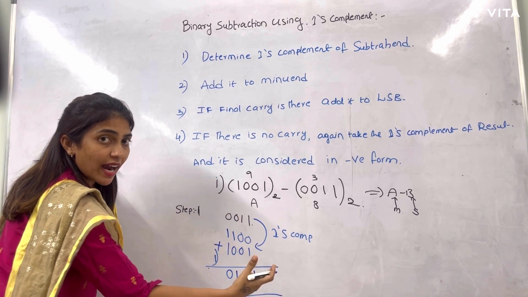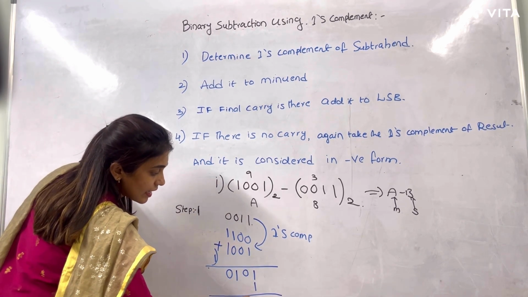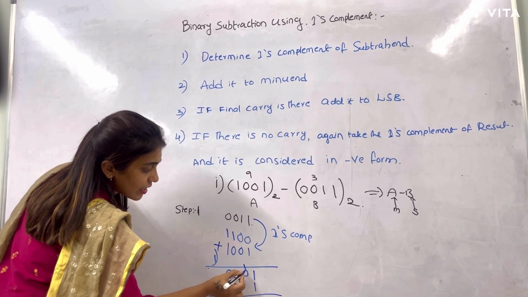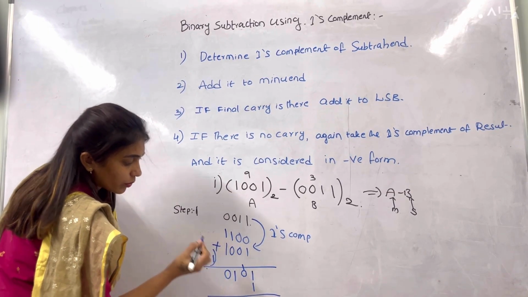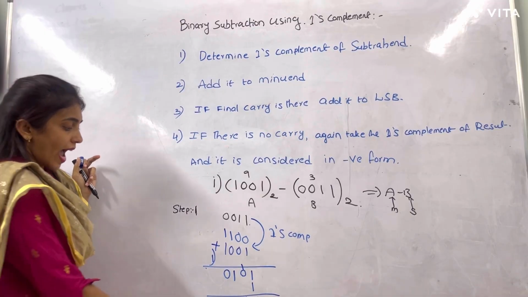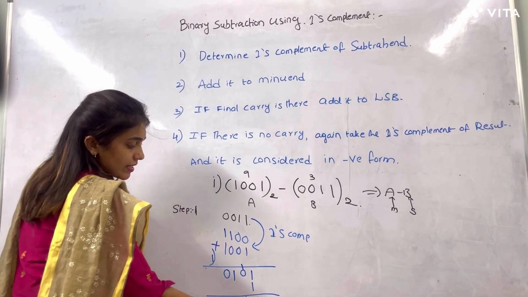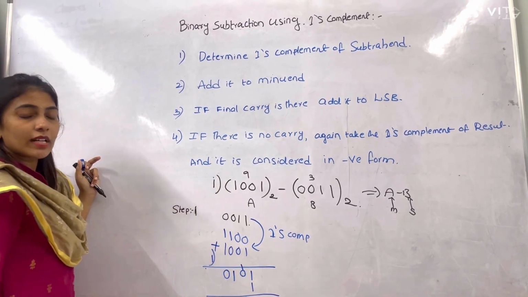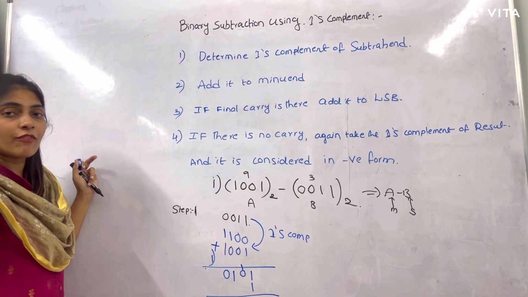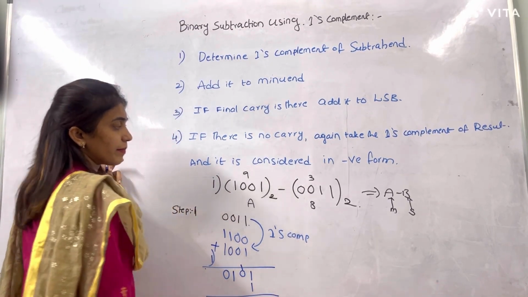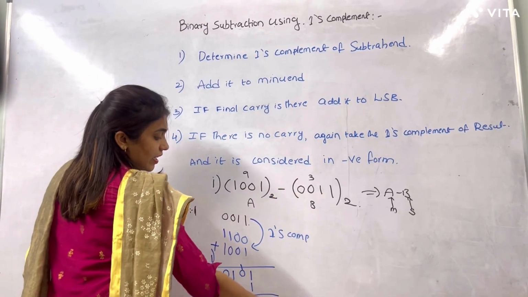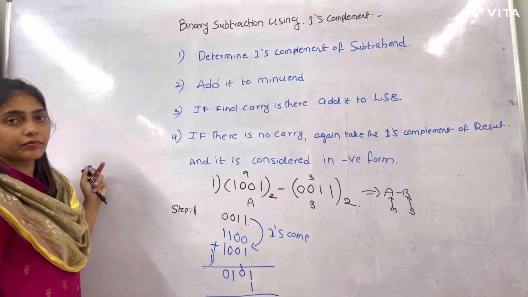Again do the same binary addition. 1 plus 1 is 0, carry 1, 0 plus 1 is 1, 1, 1, 0. So the answer is 0110. What is the decimal form of 0110? Obviously it is 6. So 9 minus 3 is 6.